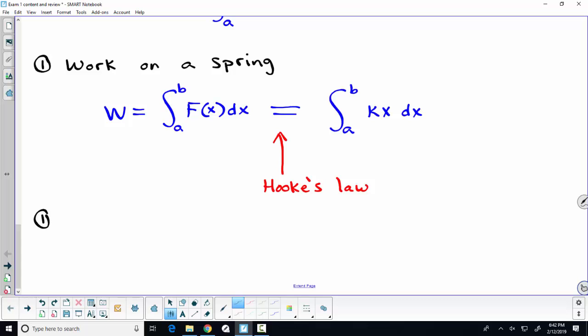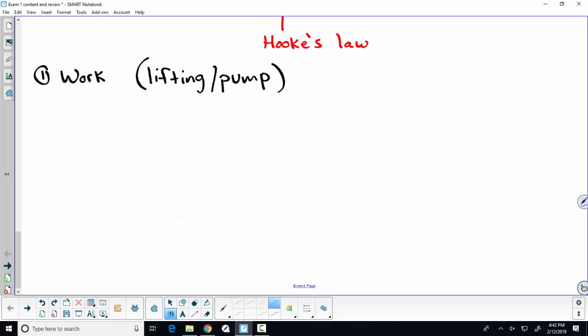There's going to be one question dealing with work, lifting or the pump. So we looked at the work definition in terms of an integral a little bit differently with these types of problems.